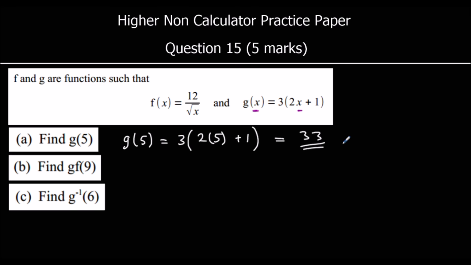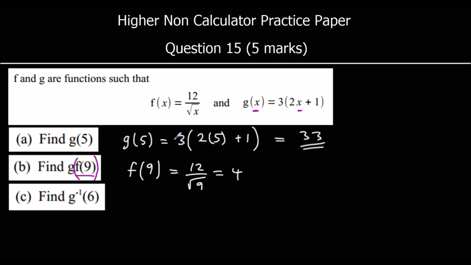Find gf of 9. So this means we're going to find f of 9 first, and then that answer is going to go into g. So f of 9 is our first step. That's putting 9 into our f function: 12 over square root 9, 12 over 3 is 4.